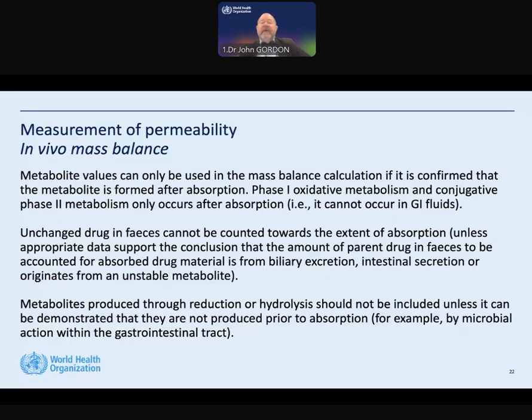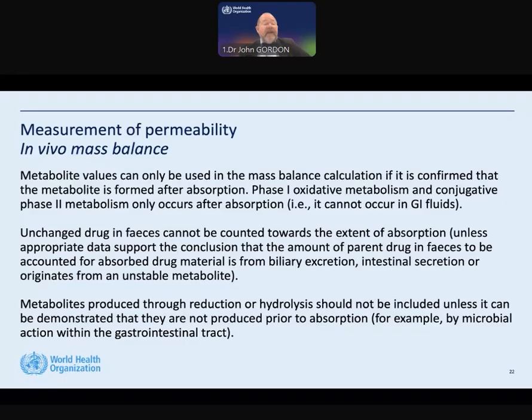Phase 1 oxidative metabolites and phase 2 conjugative metabolites are only formed after absorption. Those types of metabolism do not occur in GI fluids. So when you're collecting urine and feces and measuring phase 1 oxidative and phase 2 conjugative metabolites, then you know they can be included because they were formed post-absorption.